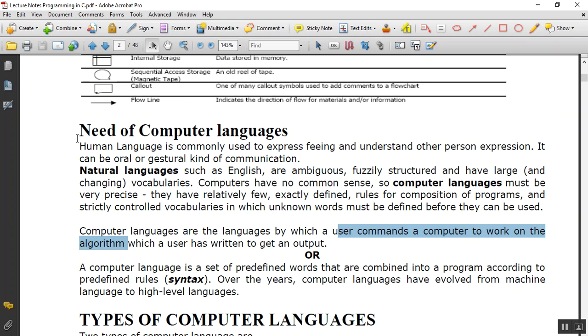I hope why we need computer languages for writing programs, and what an algorithm actually is, is clear to you. So an algorithm and a flowchart are nothing but representations of a logic. Using those logical steps, we can write a program in any computer language, and a computer language has got a set of predefined words as well as a set of rules, known as syntax, which we should follow for writing programs which follow the steps written in an algorithm.